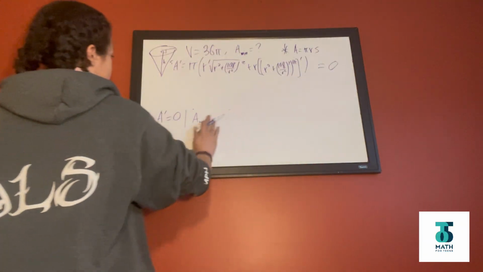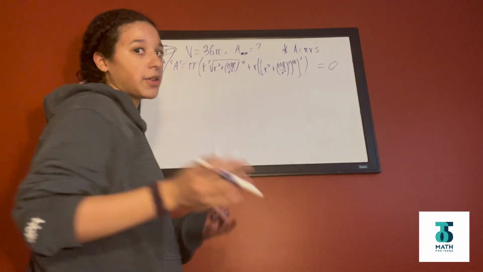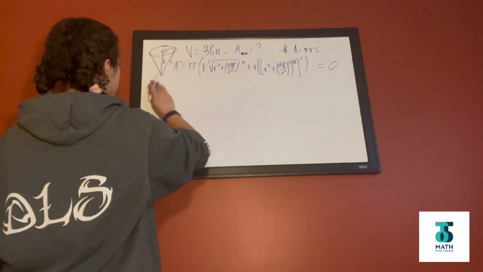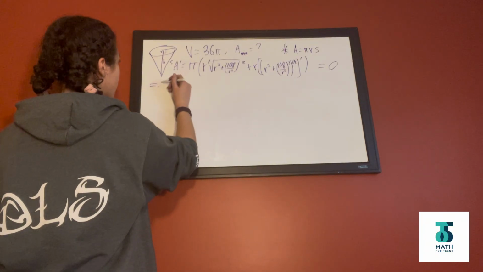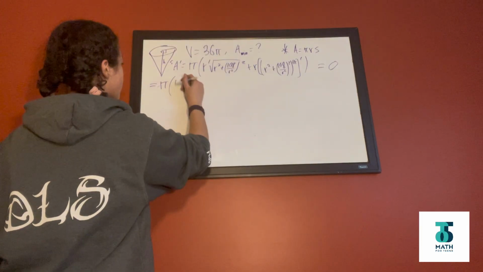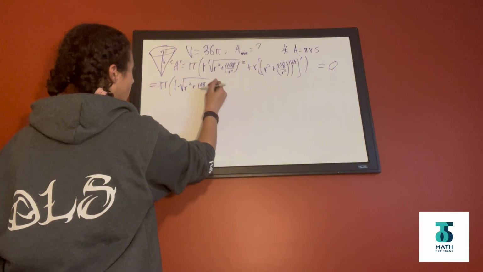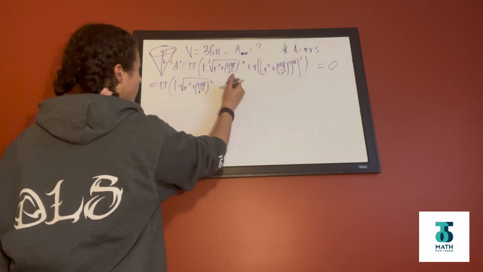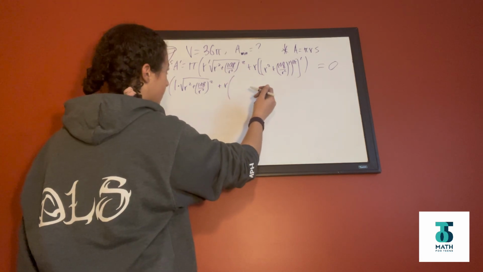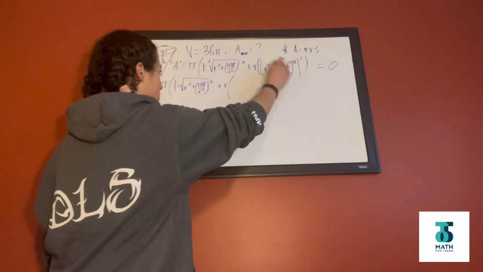Setting it to 0 just means we're looking for any r values where the derivative is 0. So the derivative of r with respect to r is just 1, so it's 1 times the square root of r squared plus 108 on r squared, plus r, and we're going to use the chain rule, starting with the outside derivative, the power rule.